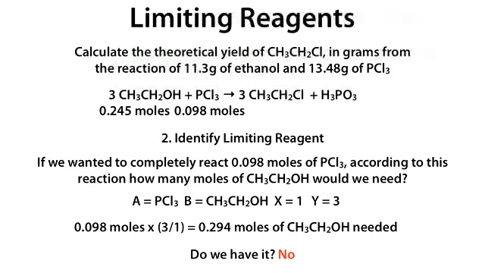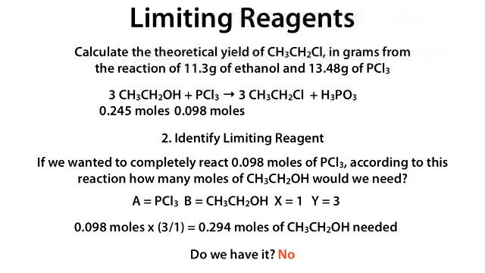The answer is no. We don't have 0.294 moles of ethanol. We have 0.245 moles of ethanol, which is less than 0.294. So we don't have the amount of moles needed in ethanol to completely react 0.098 moles of PCl3. So we got the answer no.